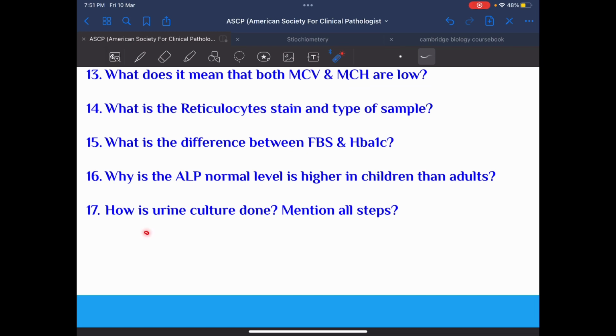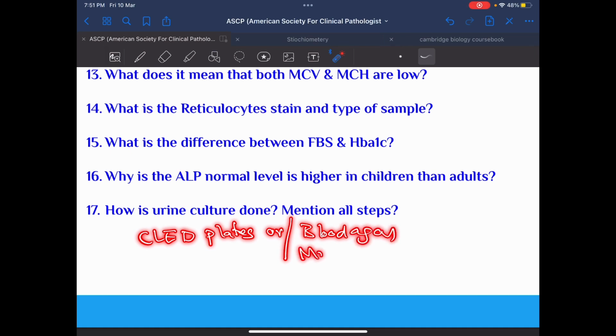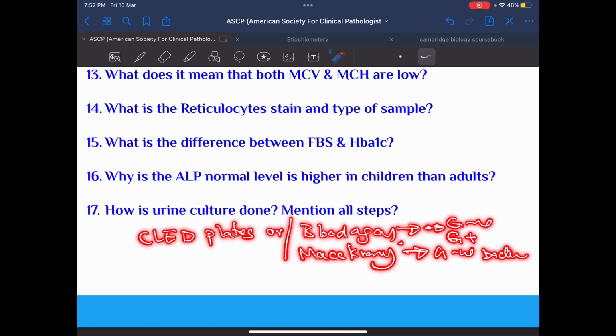You can use CLED plates, or blood agar and MacConkey. MacConkey covers gram-negative bacteria, and blood agar is enriched agar, so it will cover both gram-negative and gram-positive.